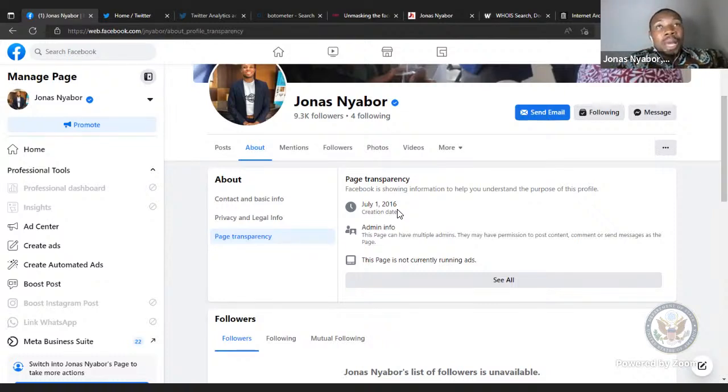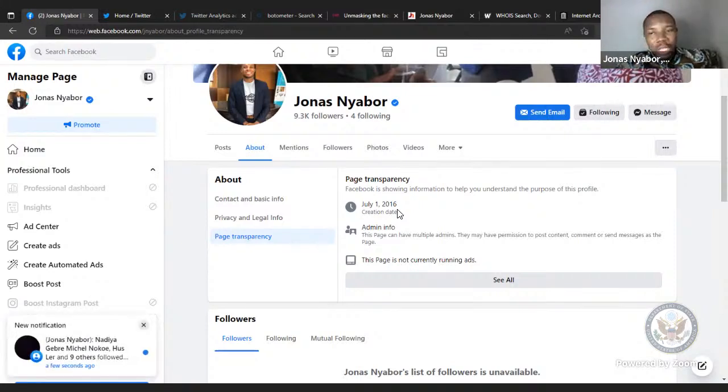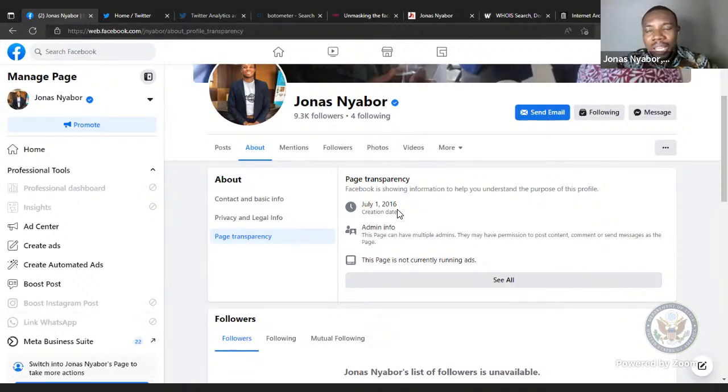If you have a popular brand, let's just say there's a very popular shop in Ghana called Pep Shop. It's a supermarket where you buy products, and we know Pep Shop is very popular. It's been in Ghana for 20 years.